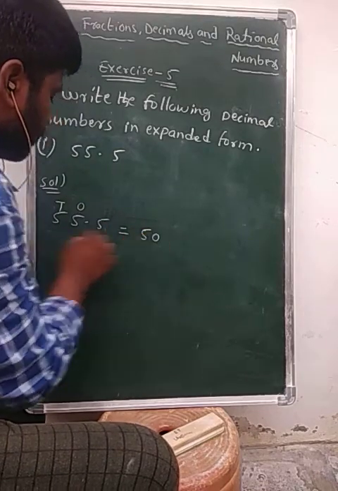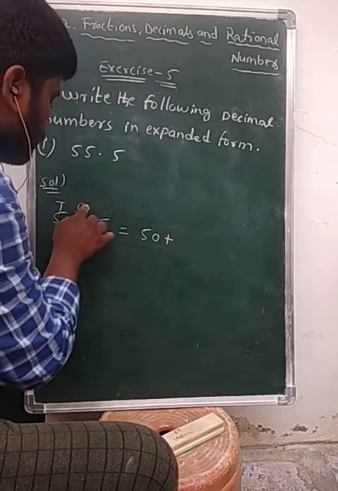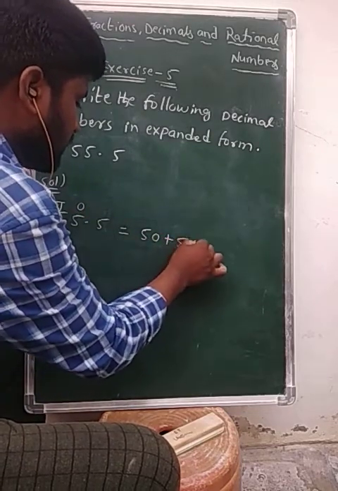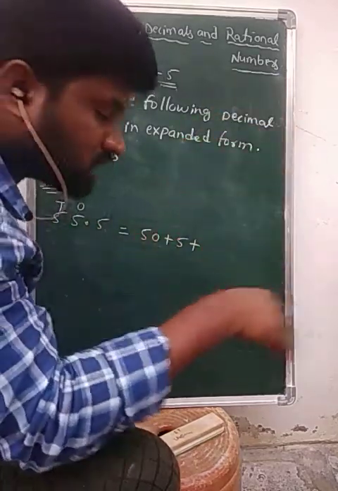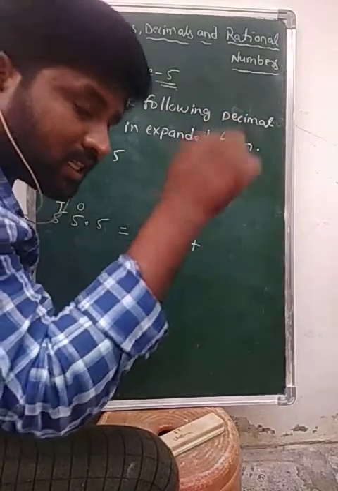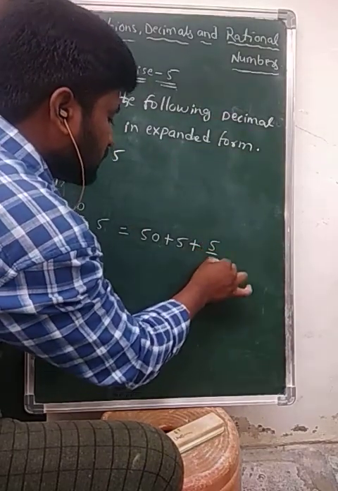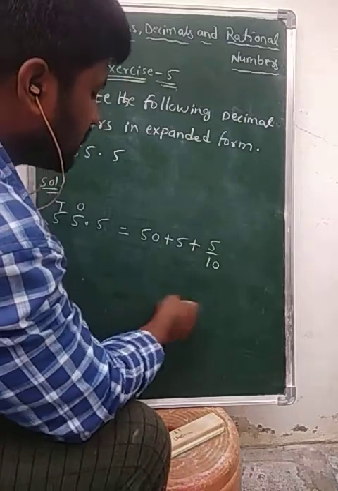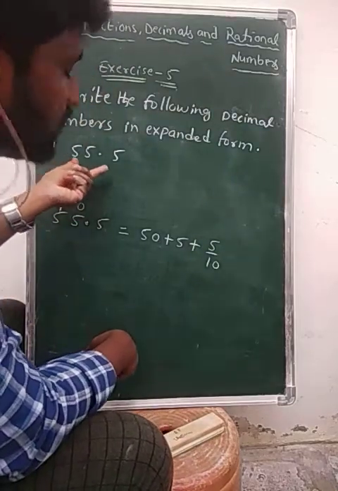So that is 5 in the tens place, 50, plus 5 in the ones place, that is 5, plus, after the point on the right side, tenths. Which place is the 5 in? Tenths, that is 5/10. So this is the required expanded form of the given decimal number.